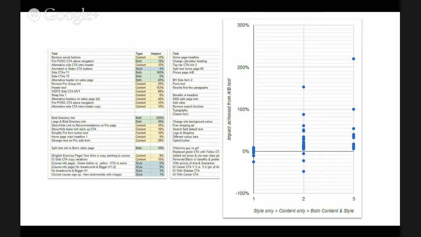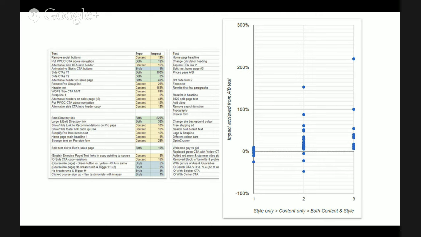And so with 20 years practically experience, the style changes that I made, the biggest margin of change was 9%, right? I never achieved an impact of more than 9% either way with a style change.